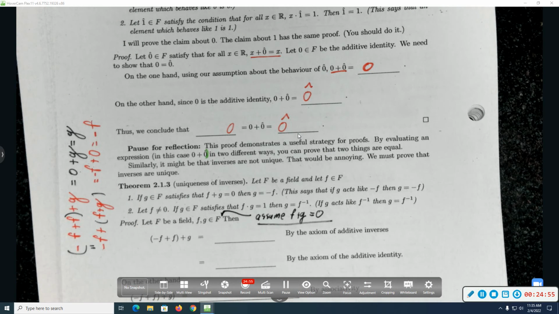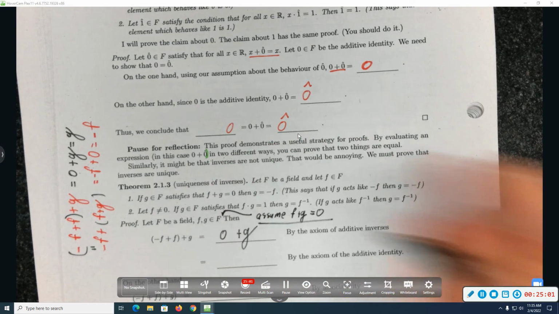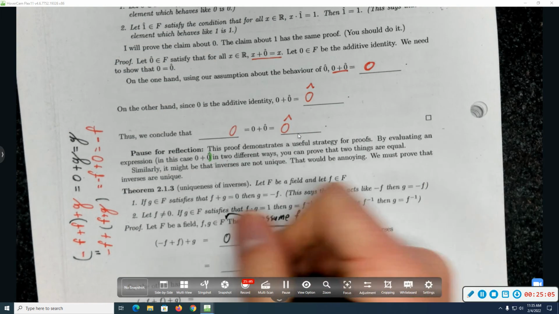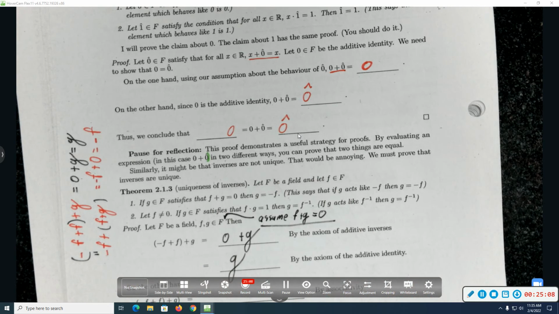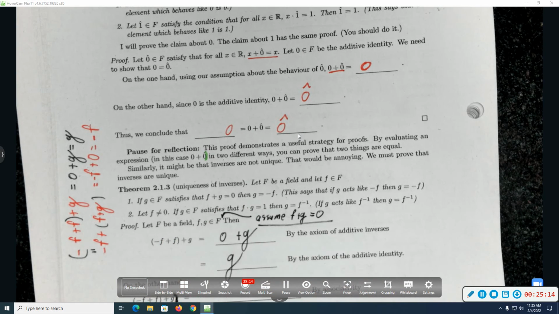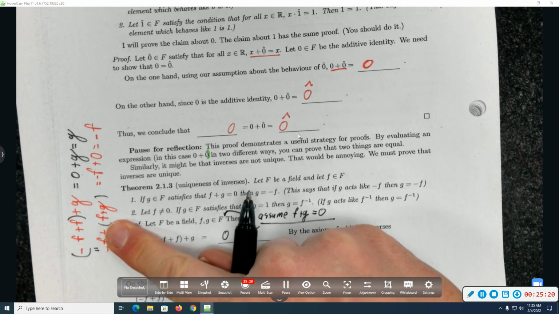All right, so by exactly the logic we used, negative f plus g is 0 plus g by the axiom of the additive inverse. 0 plus g is g by the axiom of the additive identity. Similarly, negative f plus g, well, by associativity, I can move the parentheses around, and this is just exactly what we did off to the side.